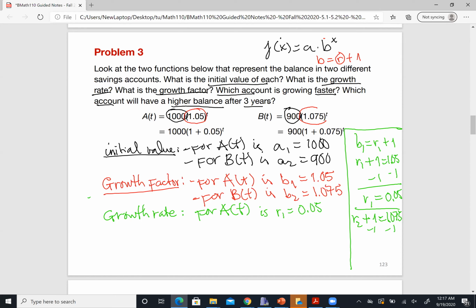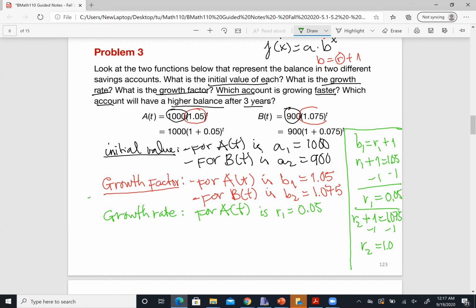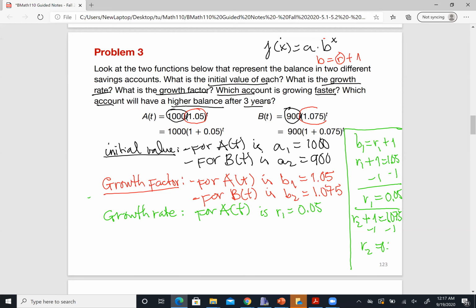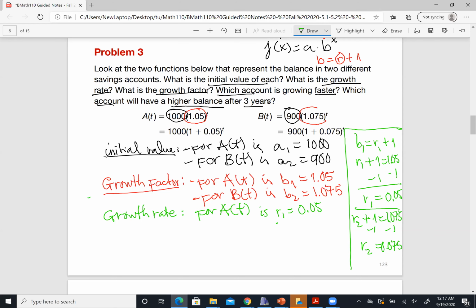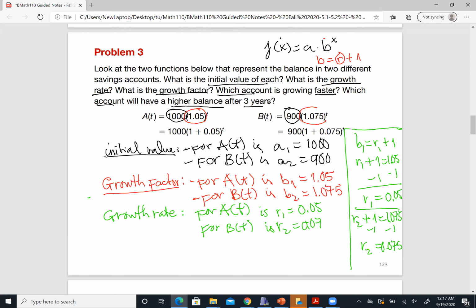Again, I will have R2 equal to 0.075, right? So for B of t, R2 is equal to 0.075. That is for the growth rate.